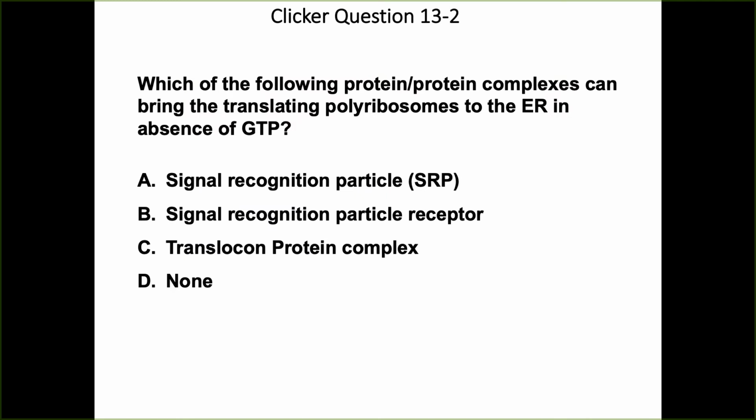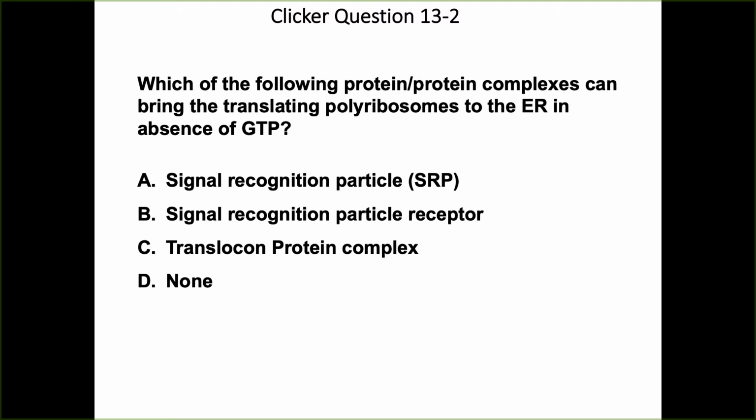So the next clicker question will be: which of the following protein complexes can bring the translating polyribosomes to the ER in absence of GTP?